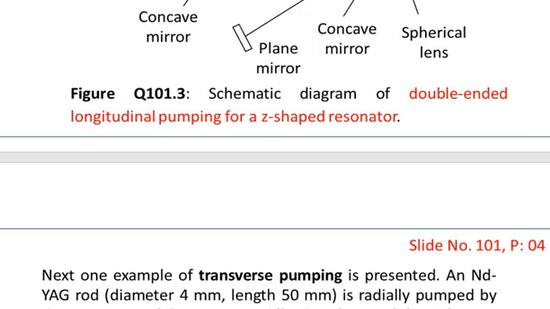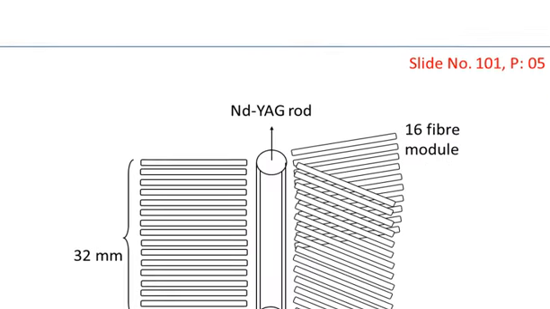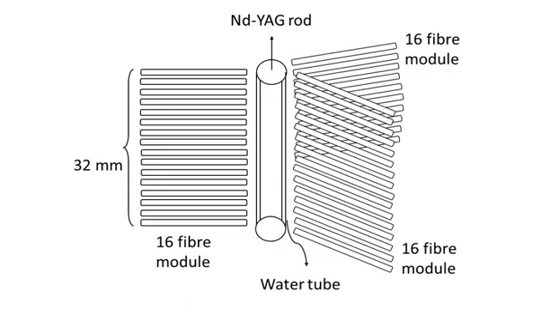And then the last one, which is the transverse pumping, is also provided using an Nd:YAG rod illuminated by 3 pairs of 16 fiber modules symmetrically placed around the Nd:YAG rod.